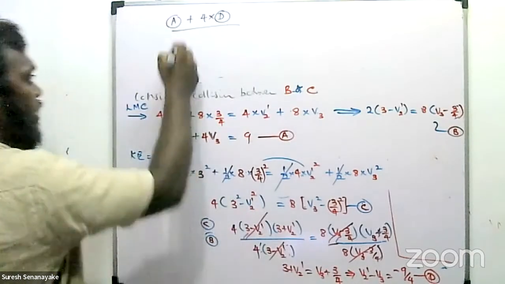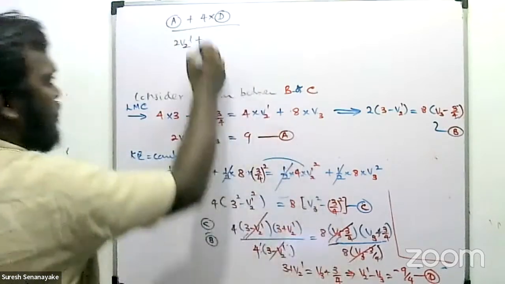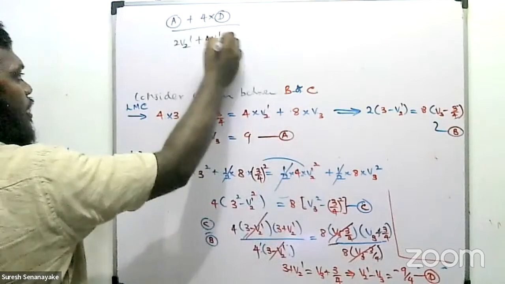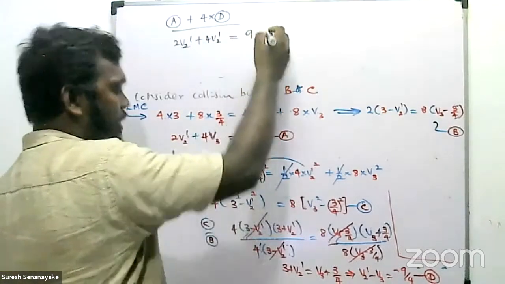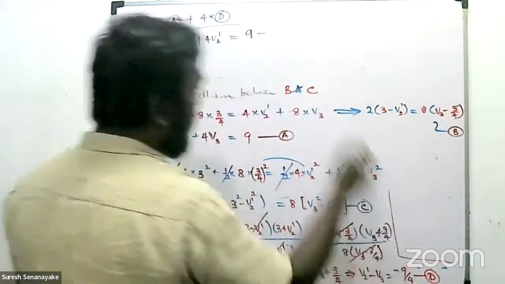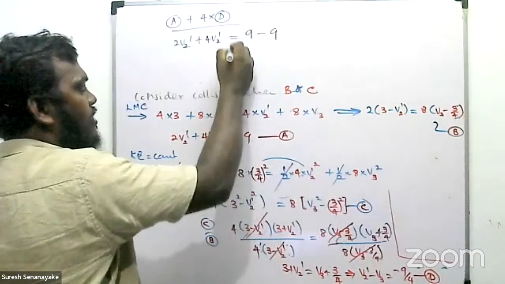Then this is 2v2 dash, and here multiplied by 4 it becomes 4v2 dash, and the 9 times 4 gives minus 9, they cancel. So then v2 dash equals 0.